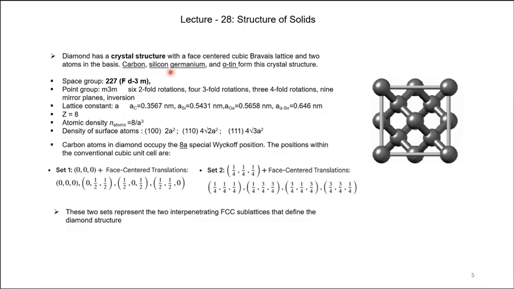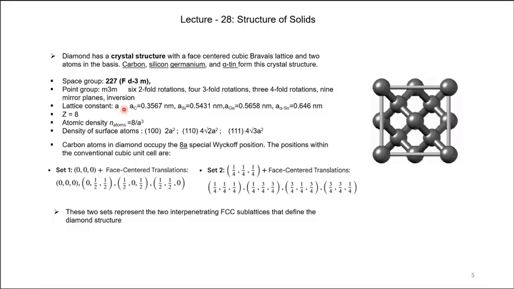Carbon, silicon, germanium, and alpha-tin can crystallize in the diamond structure, and the space group number of diamond is 227, which is Fd-3m. For the point group, we have 6 two-fold rotations, 4 three-fold rotations, 3 four-fold rotations, 9 mirror planes, and inversion.